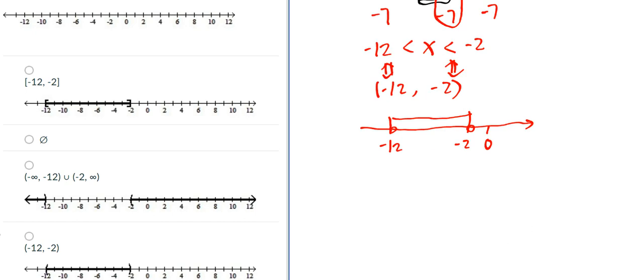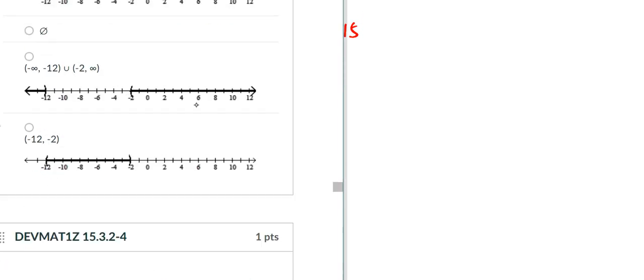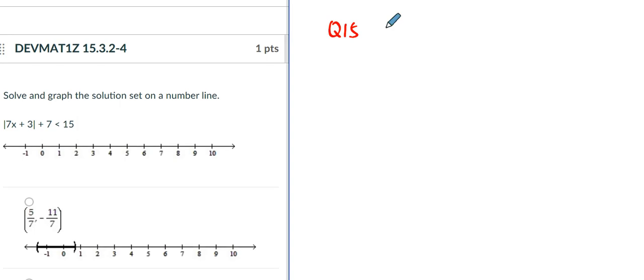Okay. Now, question 15. Question 15 is a little bit more work. 7x plus 3, absolute value, plus 7 less than 15.